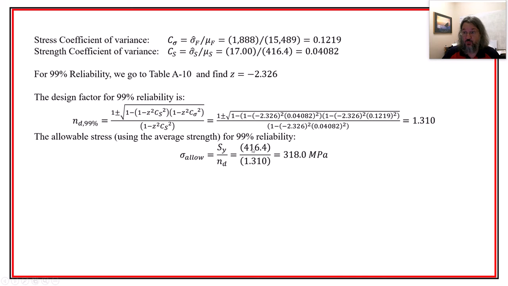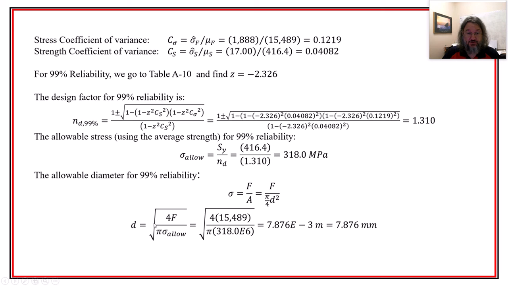So we notice we use the average strength right in there. So the allowable diameter, therefore, turning this equation backwards so we could solve for the diameter, we find that we get 7.876 millimeters.